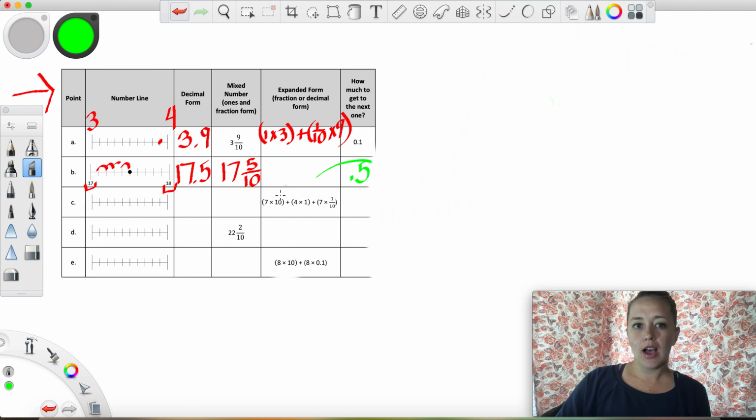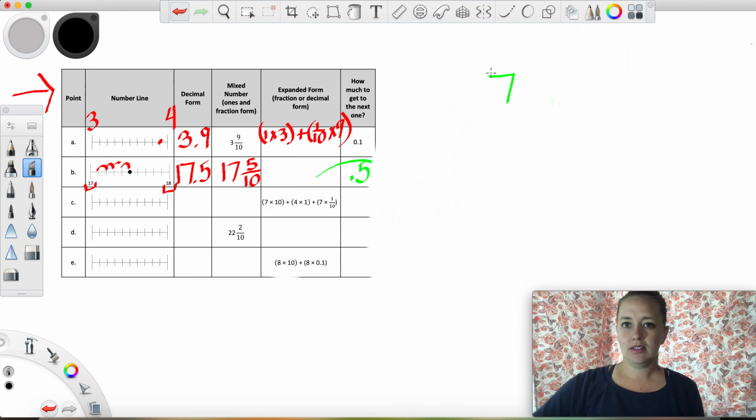So I don't have any information except what is written in expanded form. So I'm going to look at that first. Well, 7 times 10 is 70. 4 times 1 is 4.